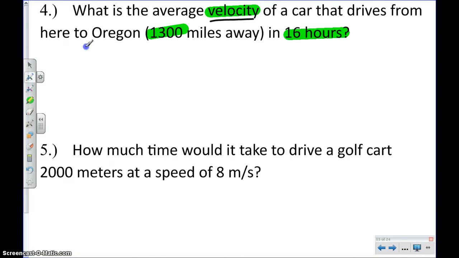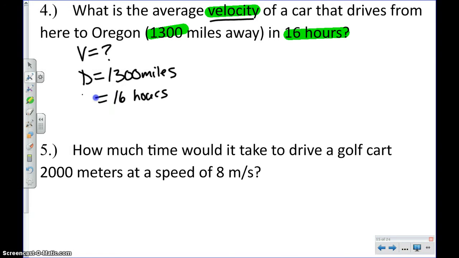So let's go ahead, and I've got V equals, I don't know. I do know I have 1,300 miles, which is a distance, and I have 16 hours, which is going to be a time. So I'm going to use this formula to solve for velocity. It's velocity equals displacement, just d over t.